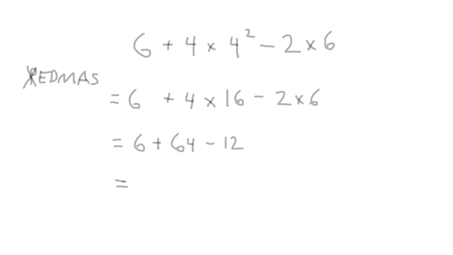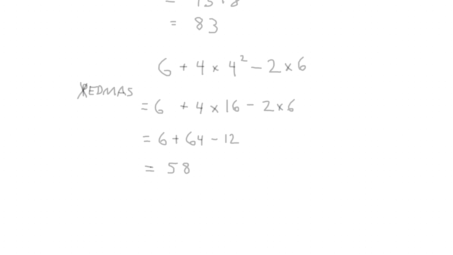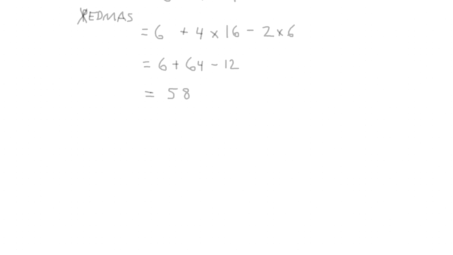And then 70 minus 12. 58. Okay, so type in 58. Was it right? Yeah. Okay, good.